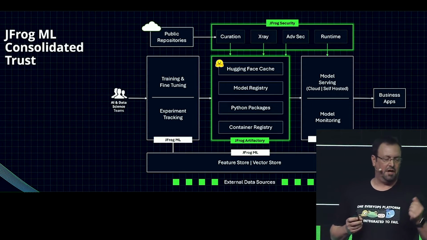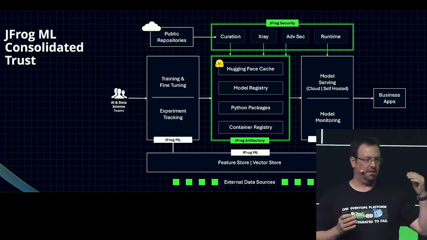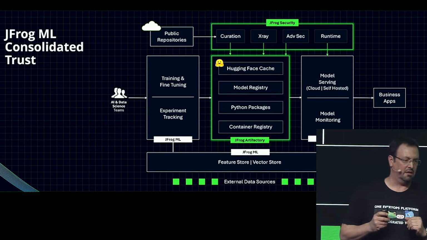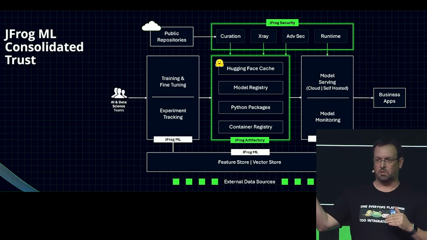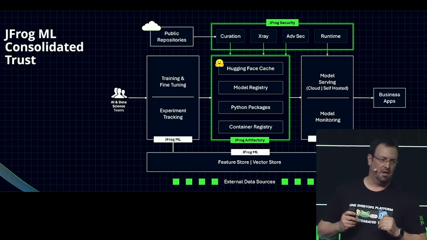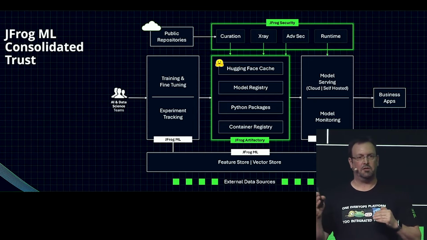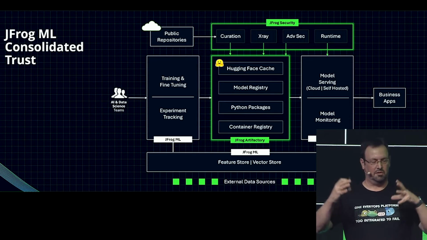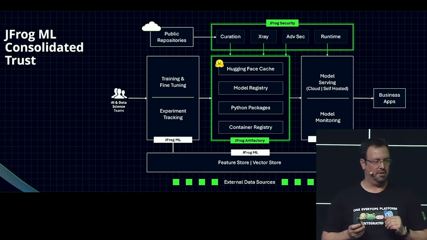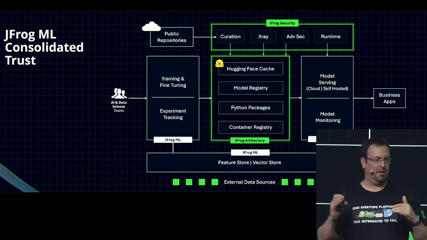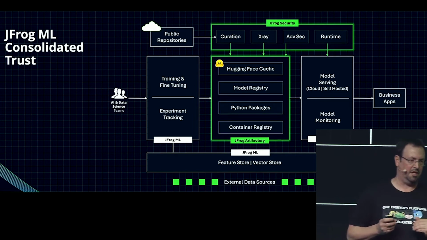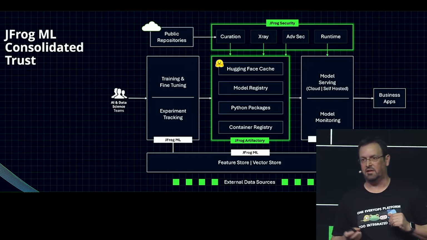And in Artifactory, we have the Hugging Face caching proxy that also works with curation. We have the model registry for your own models, and of course the Python dependencies and the containers, so the whole universality that keeps all the assets of a machine learning application. And then on top, I mentioned already curation, but also scanning for the different types of artifacts, including runtime now.